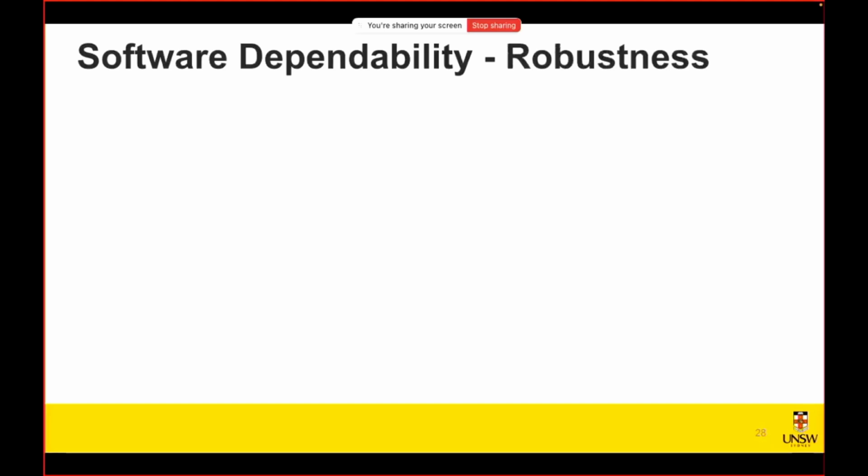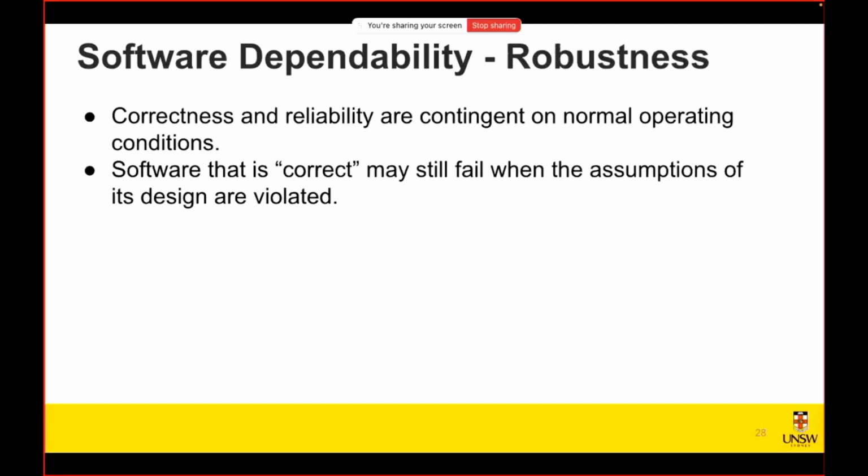And the last property is robustness. So correctness and reliability are more focused on the normal operating conditions. The main reason is that they are related to specifications.